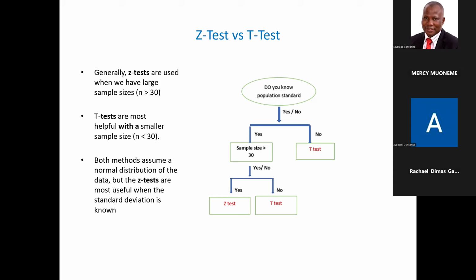Now, even when you know the population standard deviation, is the sample size above 30? If yes, you use Z-test. If no, you use T-test. Out of the options, you discover that you are likely to use T-test.